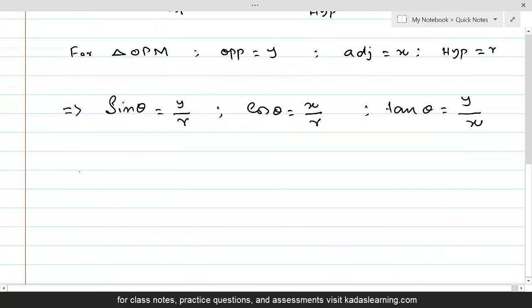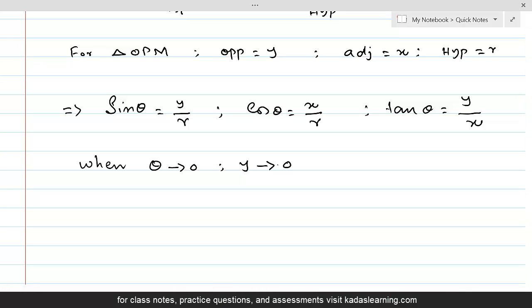When theta approaches 0, like the central angle becomes so small that it is almost equal to 0, then the value of y approaches 0, because the height becomes less and less.